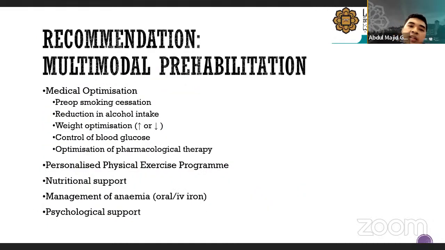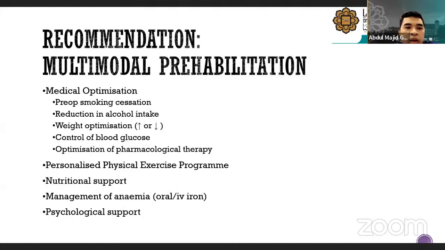So the recommendation now is a multimodal prehabilitation. It involves the geriatric medical and rehab team, and also the nutritional team, with the help of hematology and psychiatry for anemia and psychological support.